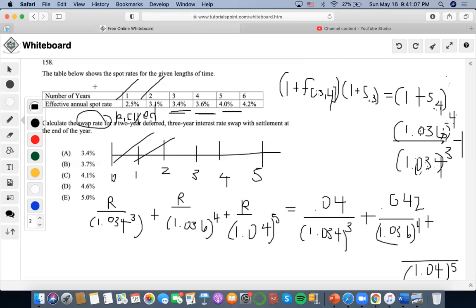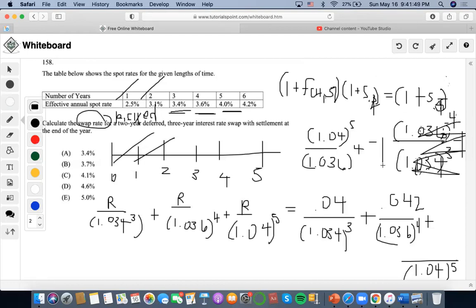Now we're going to do the forward rate from 4 to 5. And you know what? I'm just going to rewrite. From 4 to 5. So this is going to be 4. This is going to be 5. So now I'm going to do 1.04 to the 5 over 1.036 to the 4, and I'm going to subtract 1 from it.